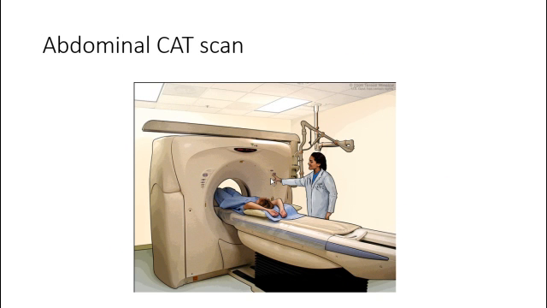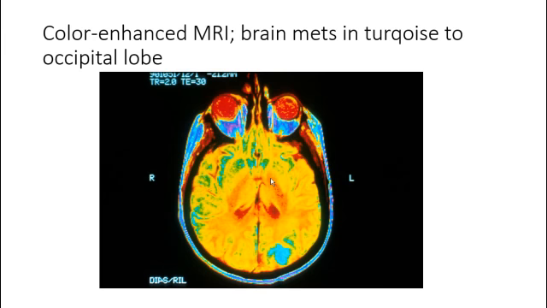Other more definitive imaging, or giving a little different clarity, is a CAT scan. So of course with lots of abdominal cavity types of things, they would be doing a CT scan.